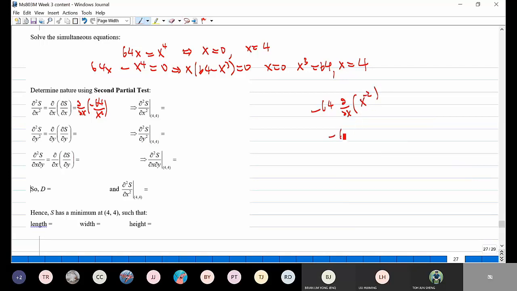So you get minus 64 times minus 2 x to the power minus 3. So it's 128 over x cubed.